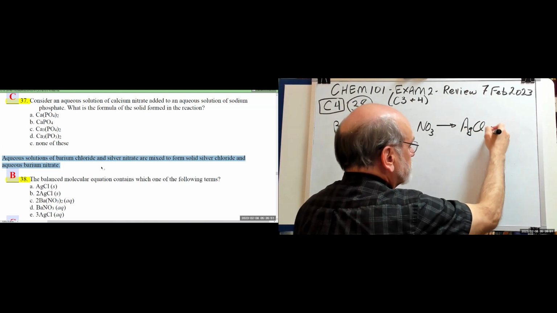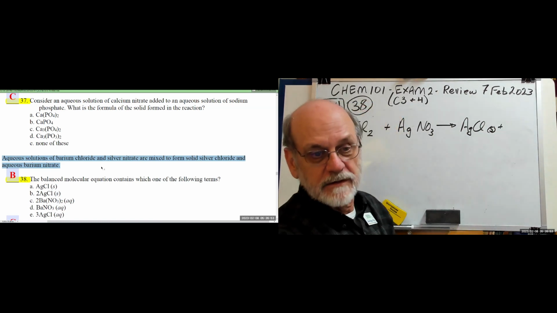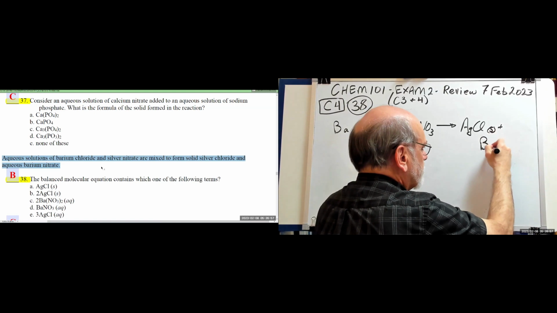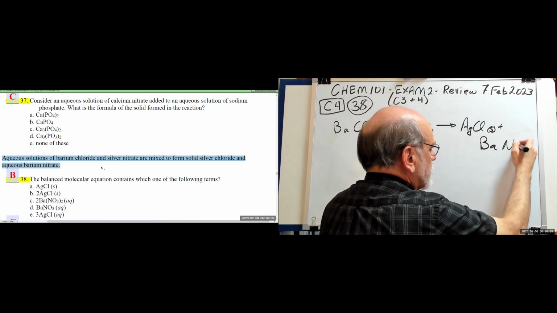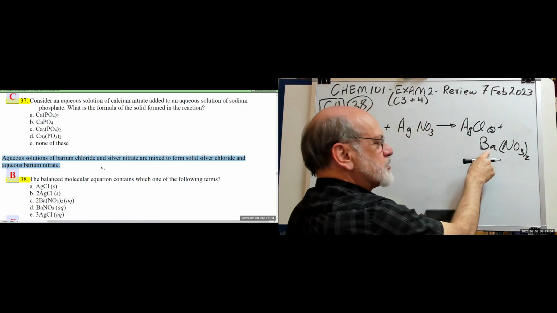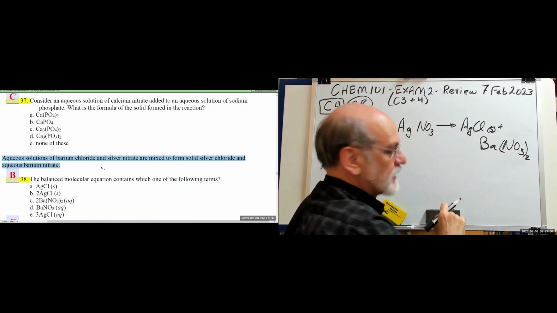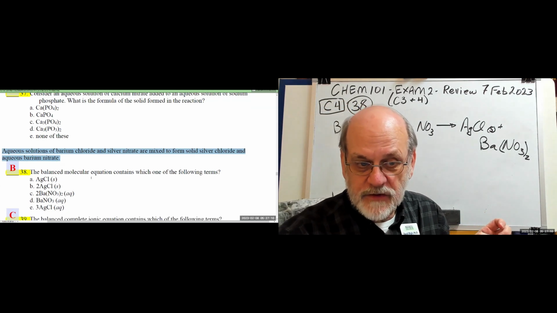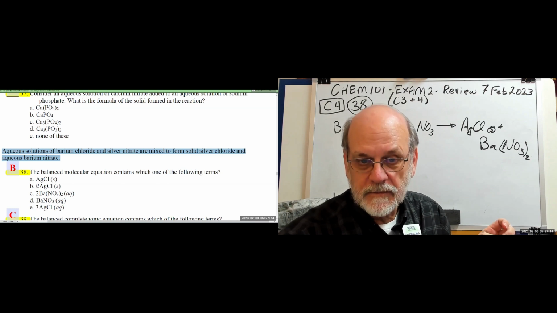That is a solid. And barium nitrate. Barium nitrate. And we need 2 of these because that's a 2 plus. This is a 1 minus. Okay. Now, notice that in the answer, you've got coefficients.